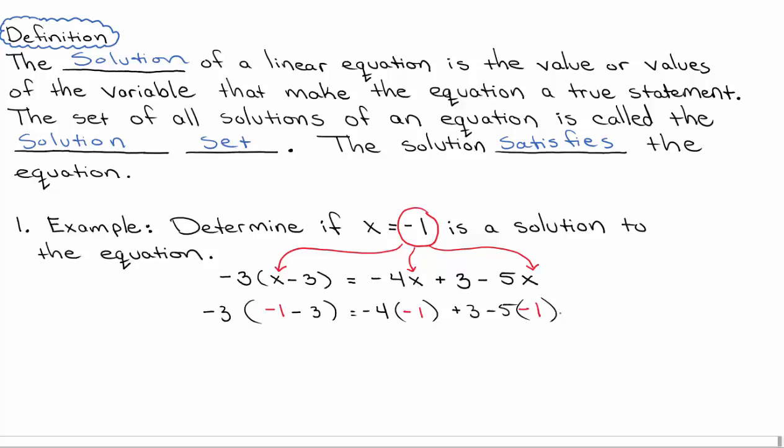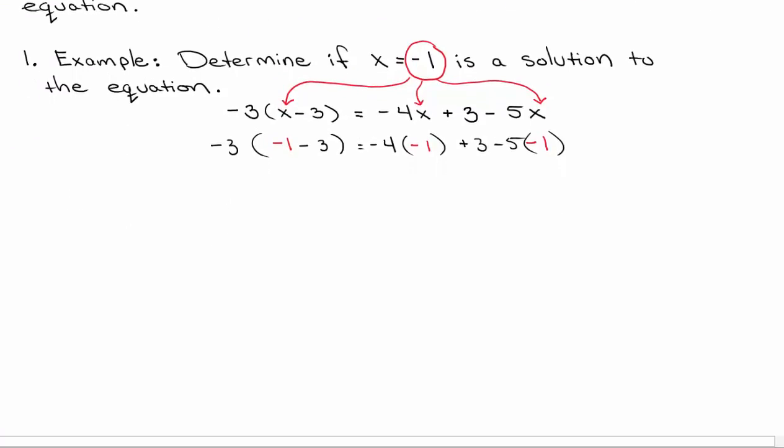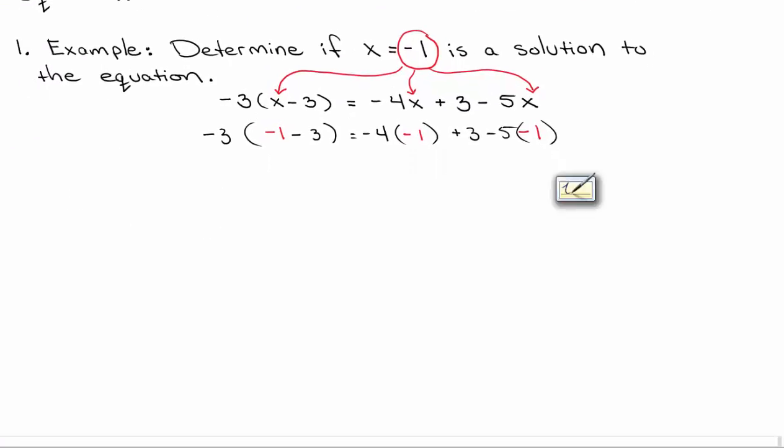Now let's see if this comes out true or false. In here, -1 minus 3 is going to give me -4. And we don't know if this is true, so I should put a little question mark here, because I'm not sure yet if this is going to come out true or false. -4 times -1 is +4.